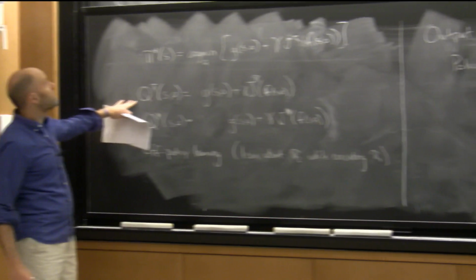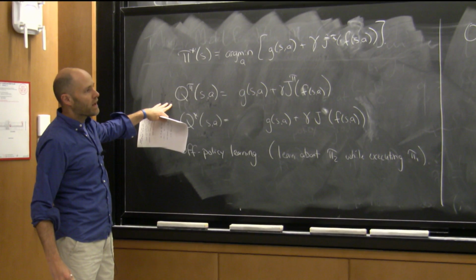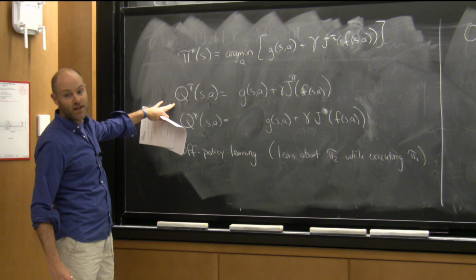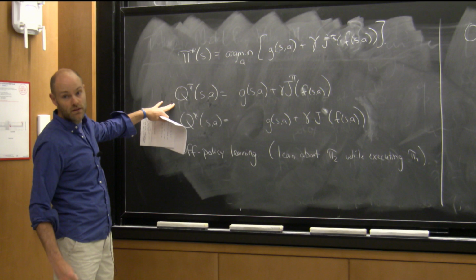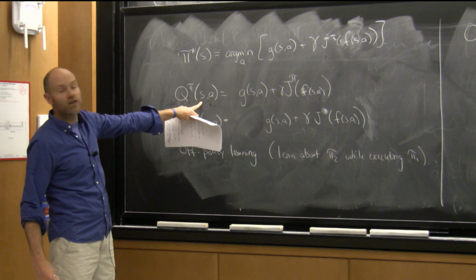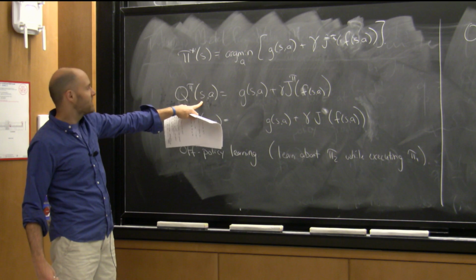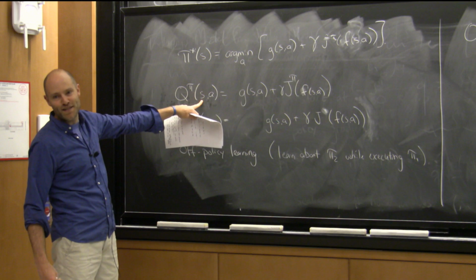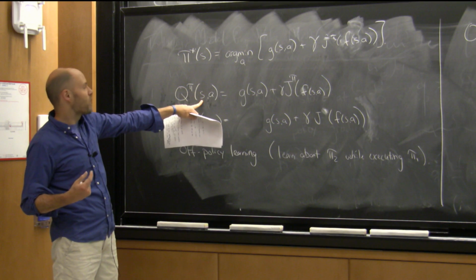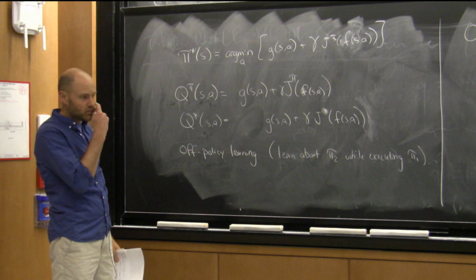Somehow the value methods I've talked about real quickly are good in the sense that you didn't have to know the dynamics of your model F. You could get that through trial and error learning, but somehow it does have the notion of state space baked in. So I at least have to know how big the state space is in order to write my value function and expect that to converge.